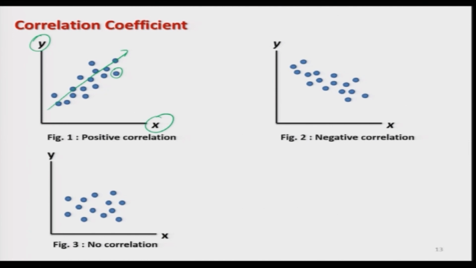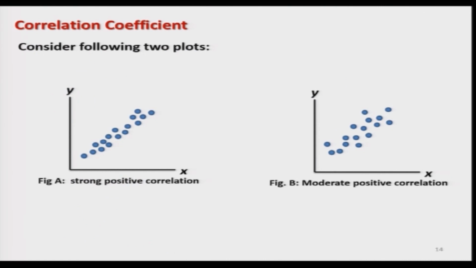Similarly, if the values of x are increasing and the y's are decreasing, in this type of picture we say that there is a negative correlation. And if x is increasing and the change in y is not clear, then we say that there is no correlation. This is how we look graphically at the correlation coefficient on the basis of a given set of data.